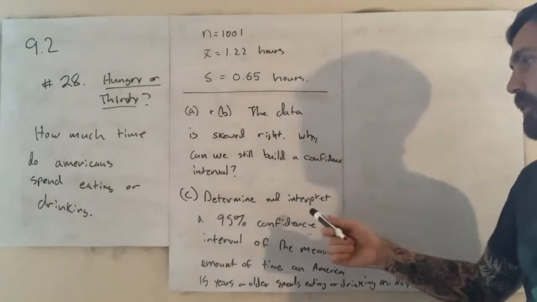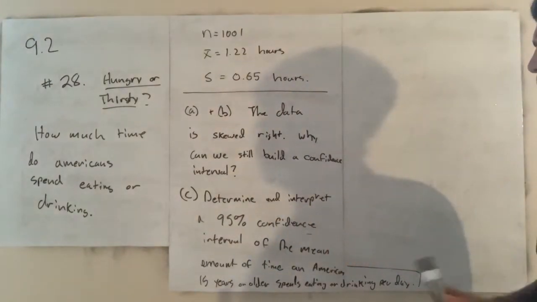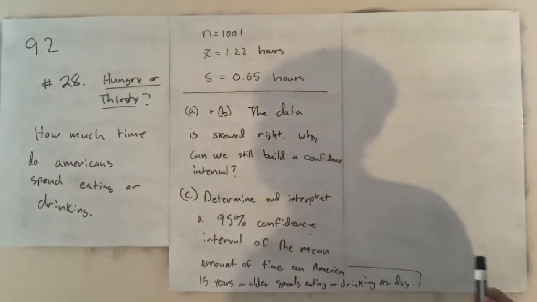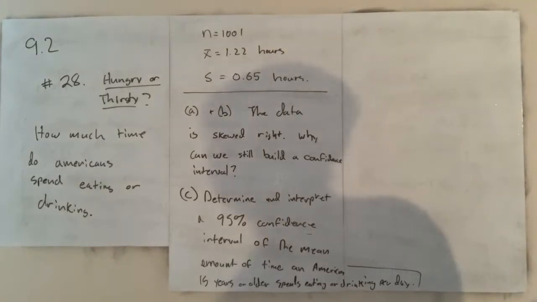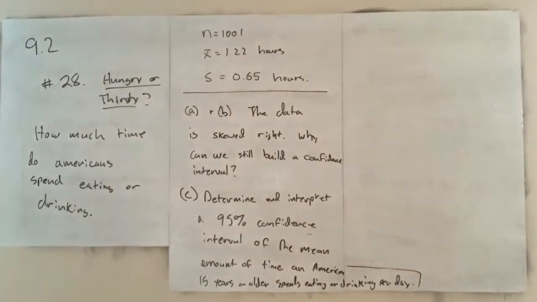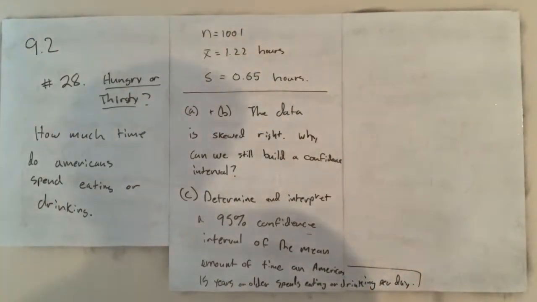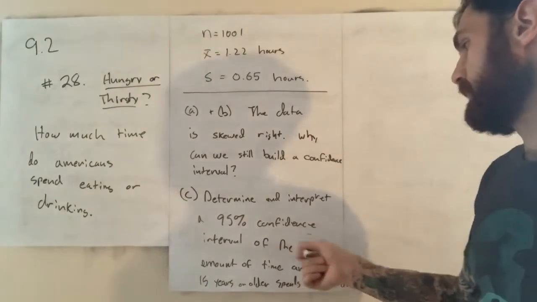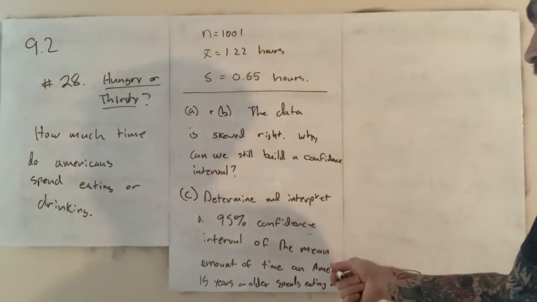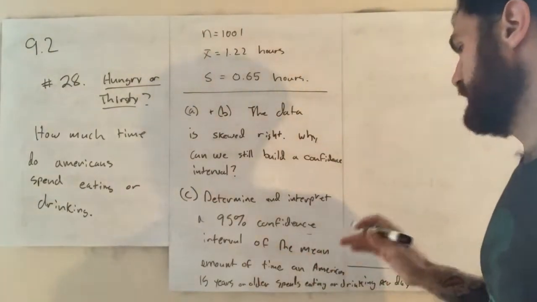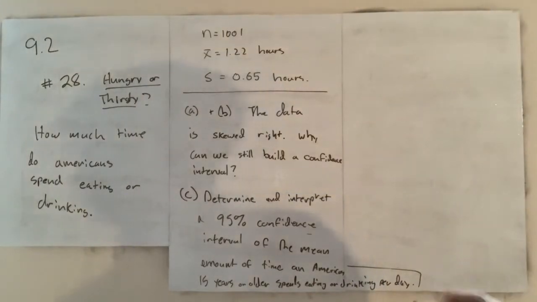We want to determine and interpret a 95% confidence interval of the mean amount of time that an American 15 years or older spends eating or drinking each day.